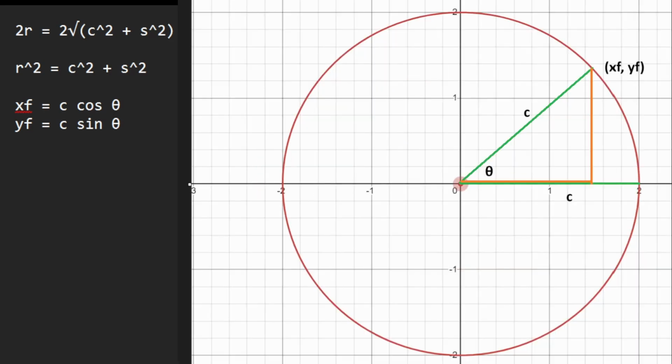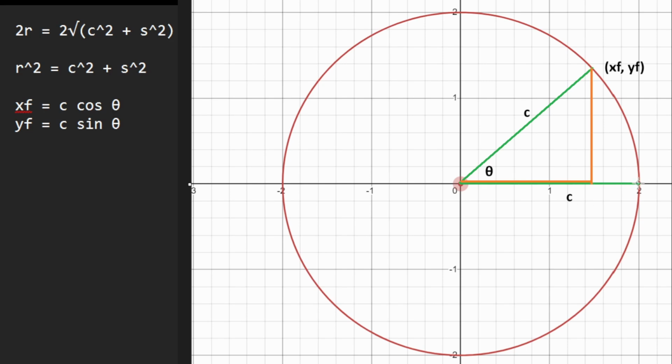So it turns out that this is actually really easy to do. What I've done in this diagram here is I threw away all the information that we don't need. The only thing we actually need now is this distance to the focus point, this green line here, which has distance c.